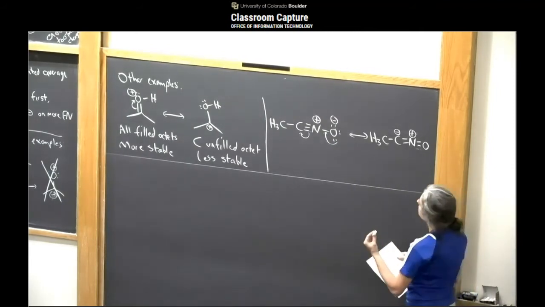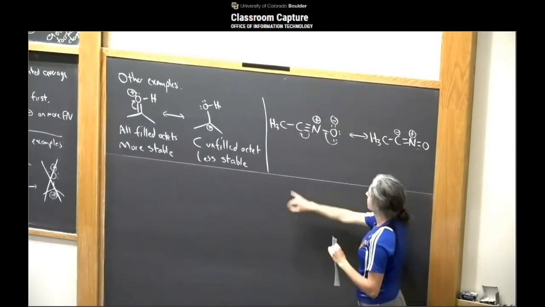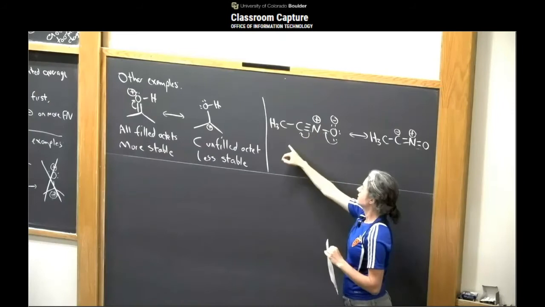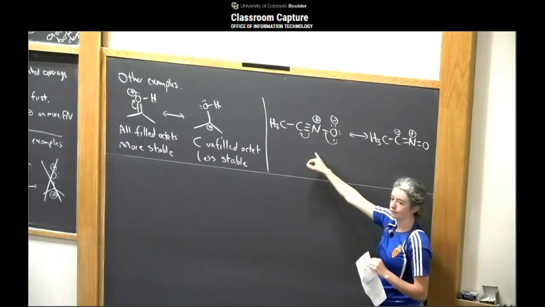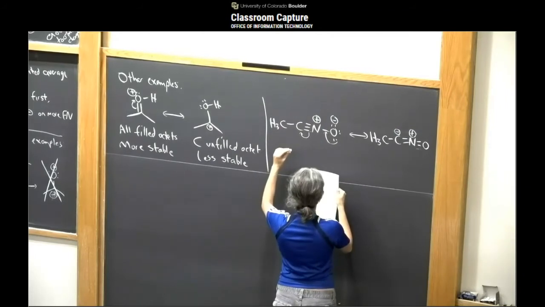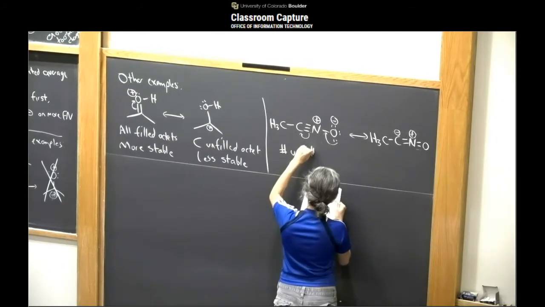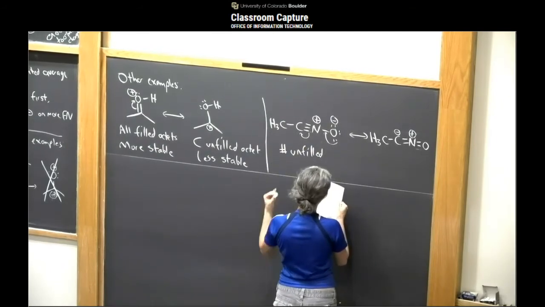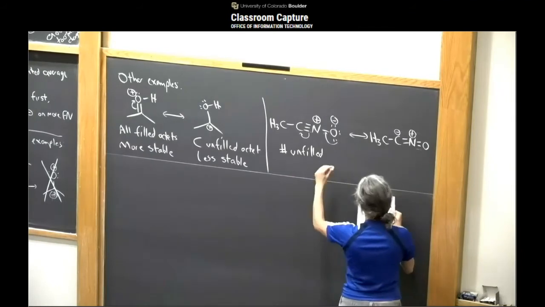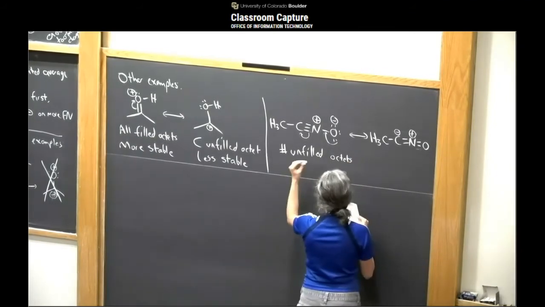Okay. So between these two forms, number of unfilled octets in this structure? 0, good. So this is actually a different resonance form than I put in the notes, I'm realizing. So I can do that one next as another example. Okay, so number of unfilled octets.